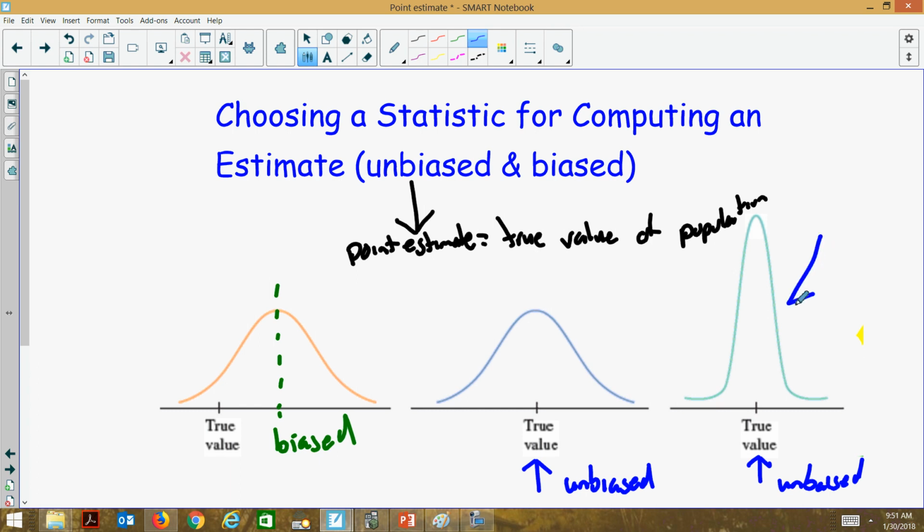So typically speaking, you want a large sample, okay? A large sample gives you a smaller standard deviation. This doesn't mean that you should always pursue a large sample over other means of statistics. It just helps you understand exactly how point estimates work. So, small standard deviation as well as an unbiased statistic.